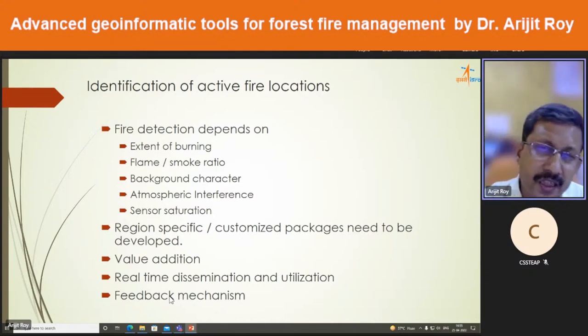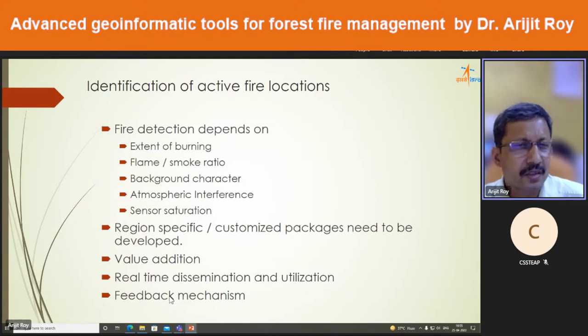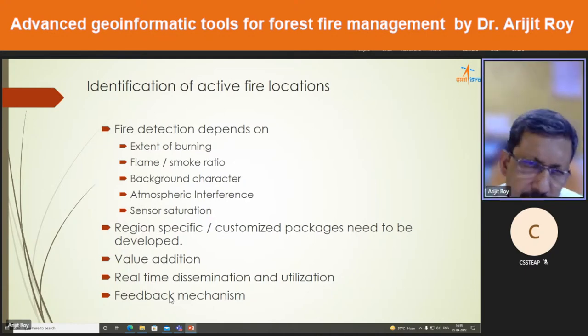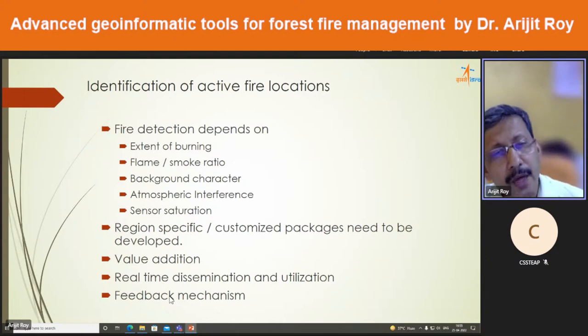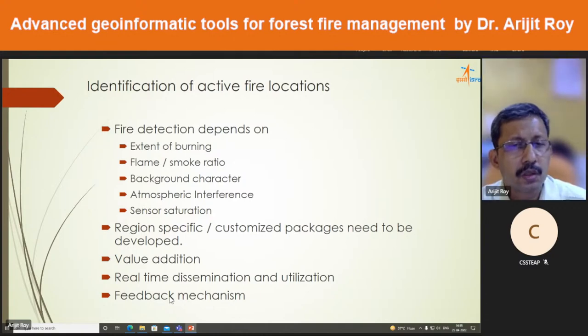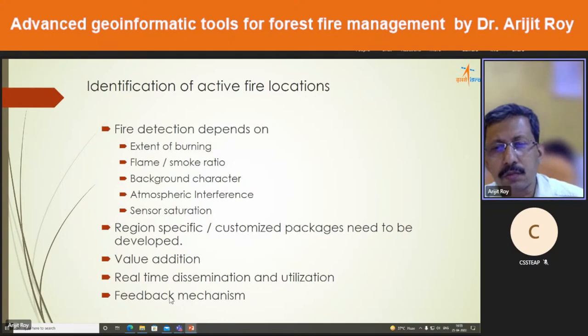So identification of an active fire location basically depends on the extent of the burning, the flame to smoke ratio, the background characteristics of the location, the atmospheric interference, and sensor saturation. So what is required is a region-specific customized package, and simply providing an active fire location doesn't suit the purpose.